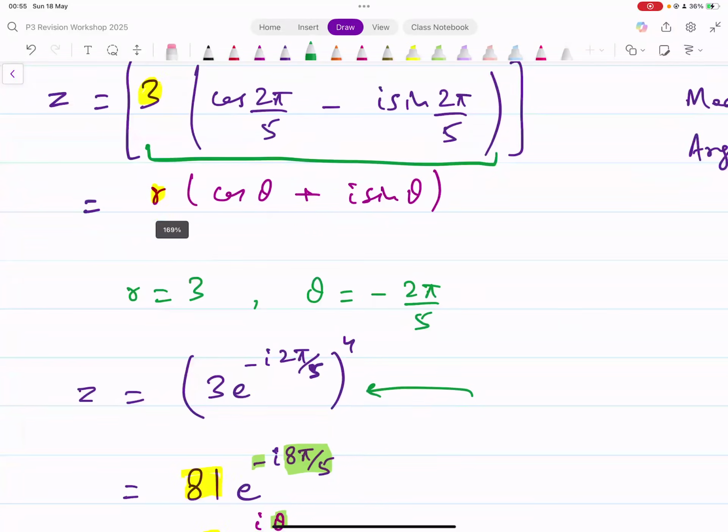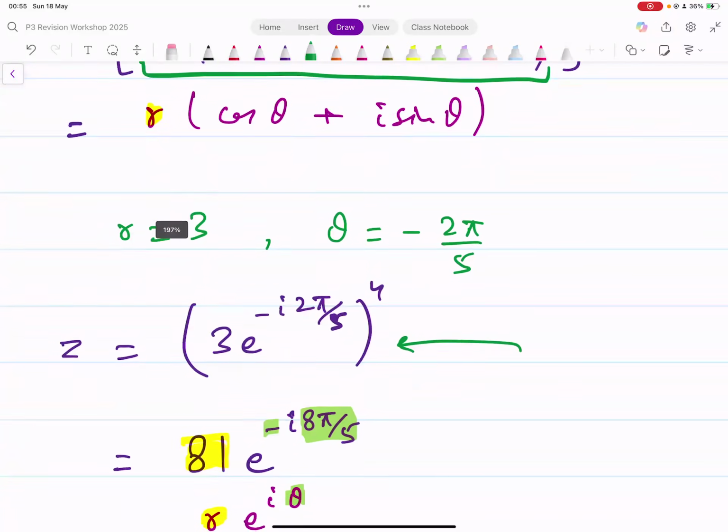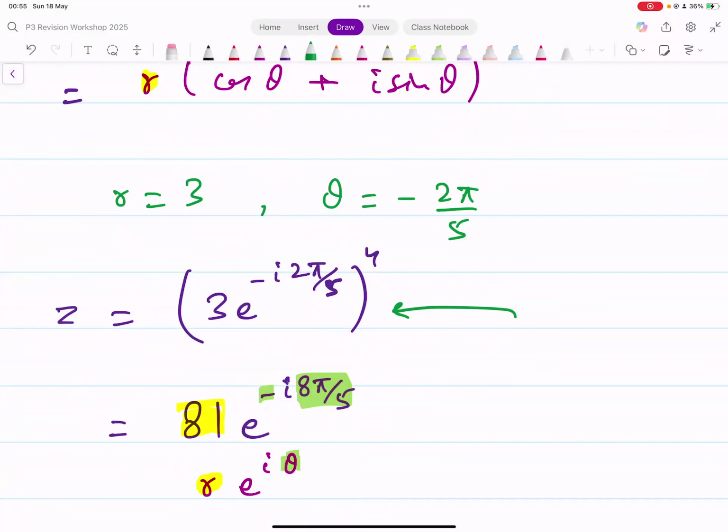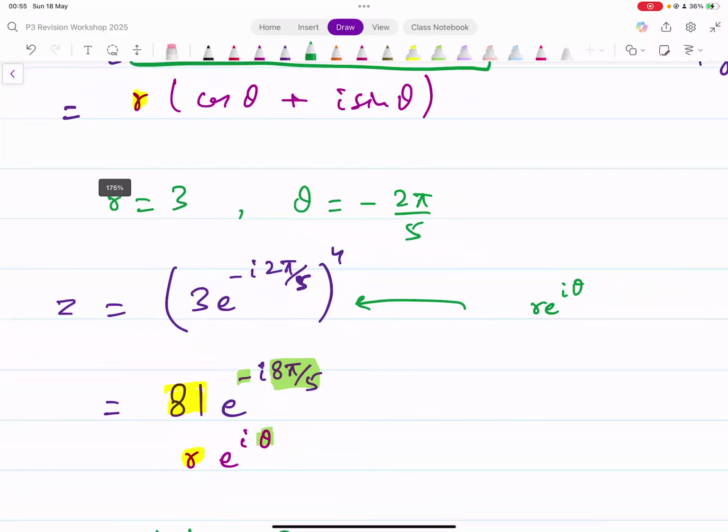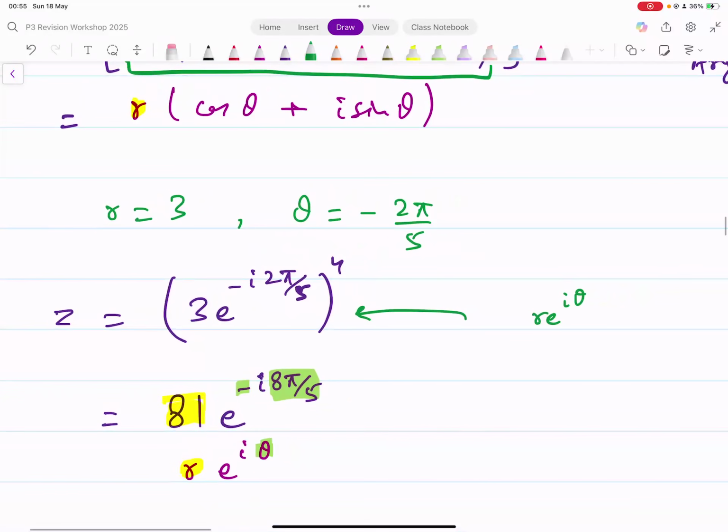That's the easiest form to work with when you have to evaluate powers. R is 3, theta is negative, so we have minus iota into 2 pi over 5, whole raised to power 4. Now we can evaluate the power: 3 raised to power 4 becomes 81, into e raised to power minus iota into 8 pi over 5.